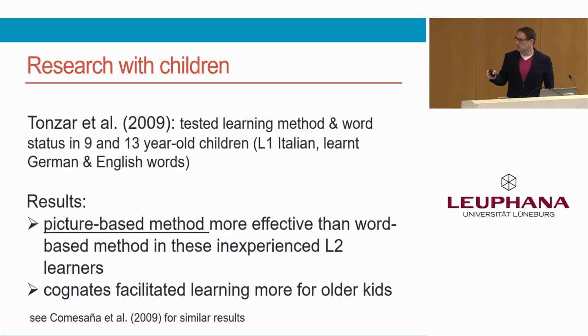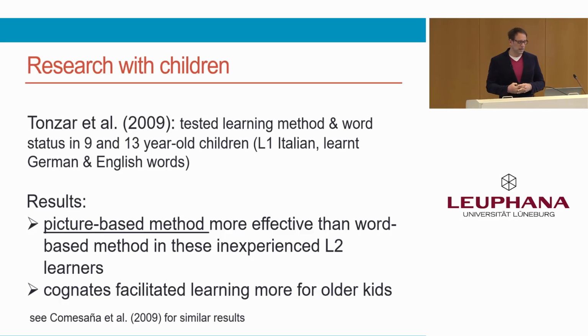But what Tanzer and colleagues found was that the picture-based method worked better with these kids than the word-based method. So linking the picture to the word evidently led to a better performance after a certain period. And the cognates facilitated learning more for the older kids. So the 9-year-olds didn't show a preference so much that they performed better with cognates versus non-cognates, but the older kids did.